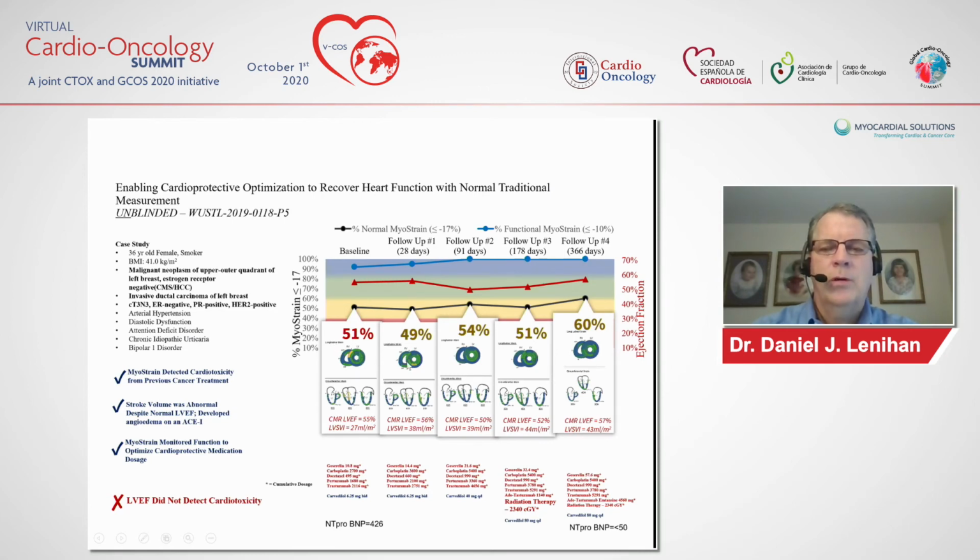And as she was titrated on optimal cardioprotective therapy, her myostrain values improved, and then ultimately at the end, after 1 year, improved substantially. And if you look at the LVEF measurements throughout, at no point in time would you have said that she had evidence of cardiotoxicity.